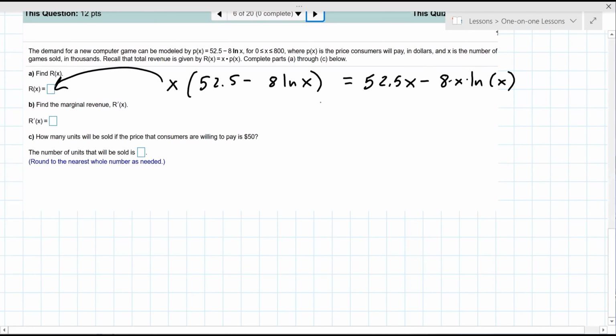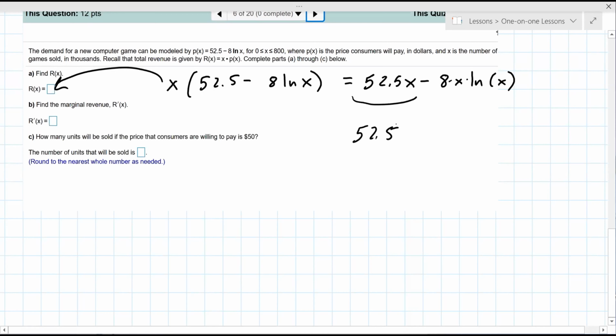The derivative is power rule for the first part, and product rule for the second. The derivative of the first part is just 52.5.